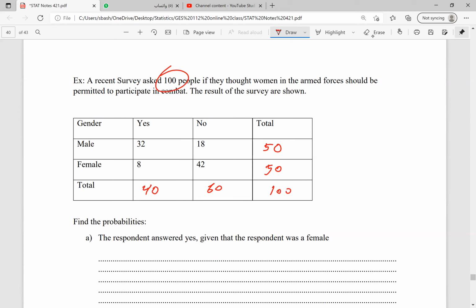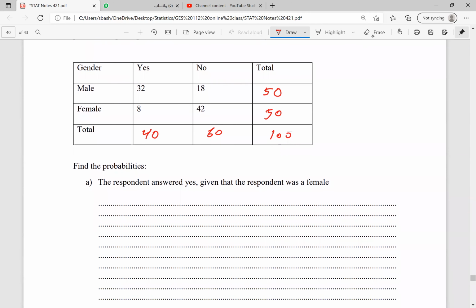Now we need to find the probability that the respondent answered yes, given that the respondent was a female. Now the two events are yes and female.